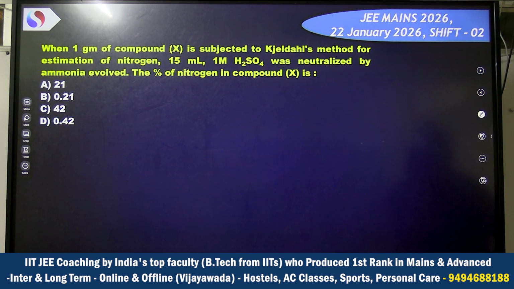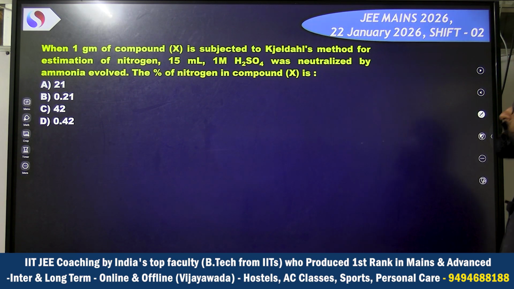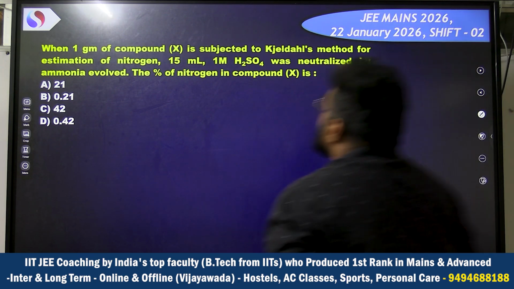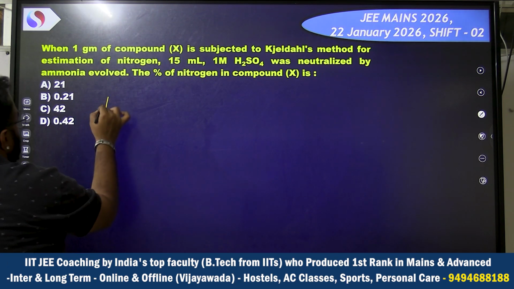Next, a 1 gram compound is subjected to Kjeldahl's method for estimation of nitrogen. 15 ml of 1 molar H2SO4 is neutralized. So we have to select the correct percentage of nitrogen. So what is Kjeldahl's formula?